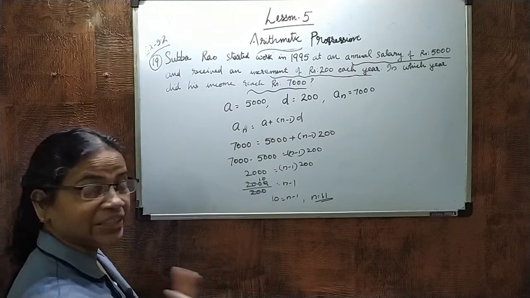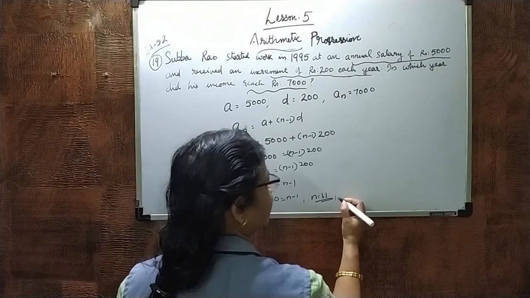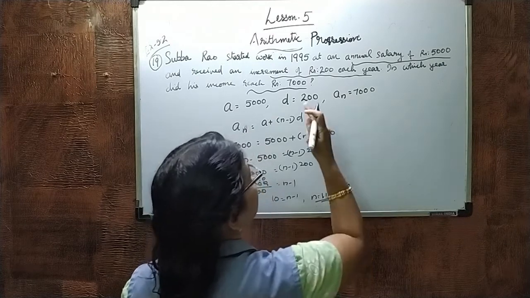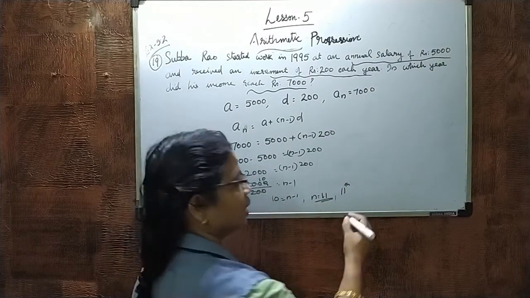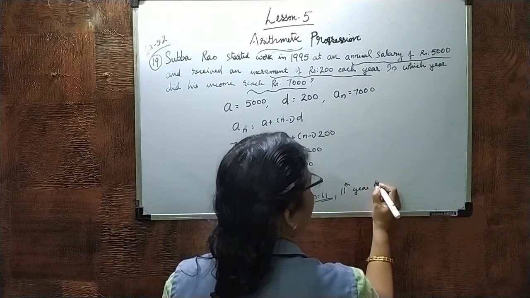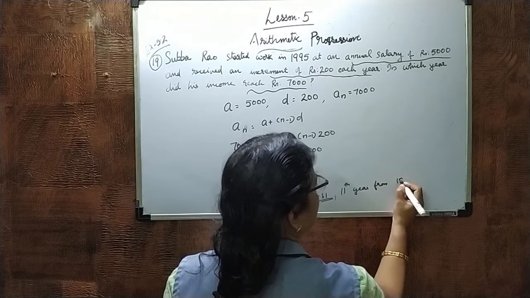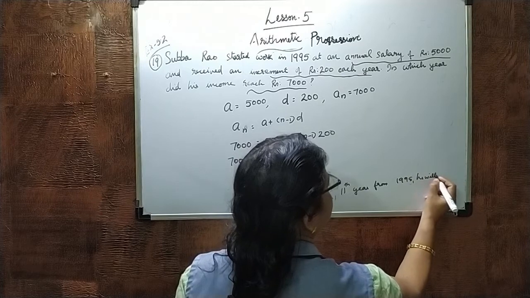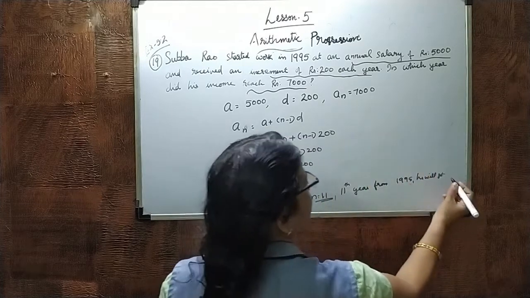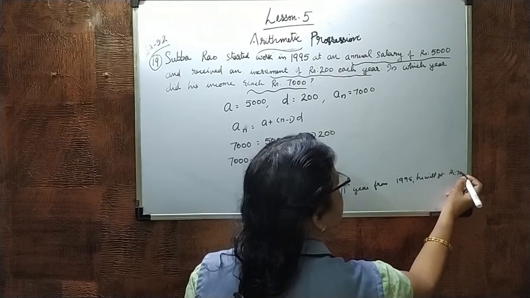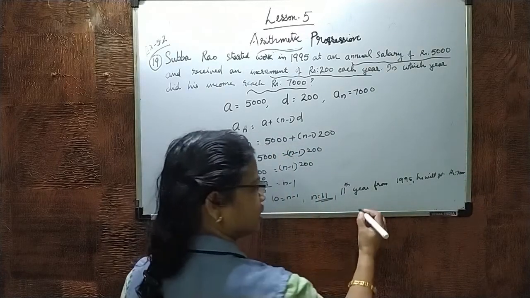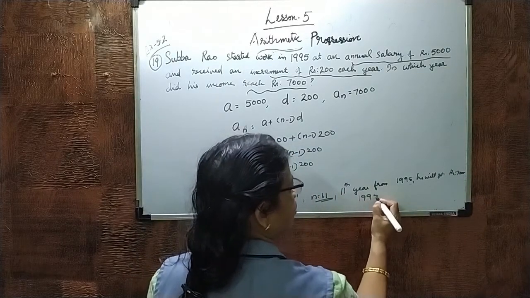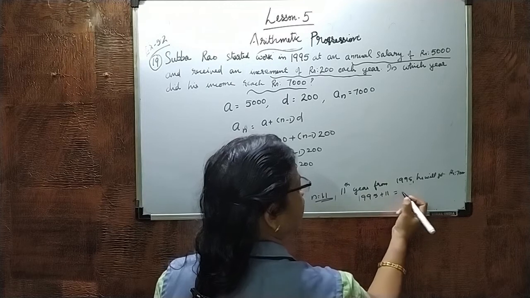That means the 11th year. Right? 11th year from 1995 he will get rupees 7,000. Means which year will it be? 1995 plus 11. What will you get as the answer?